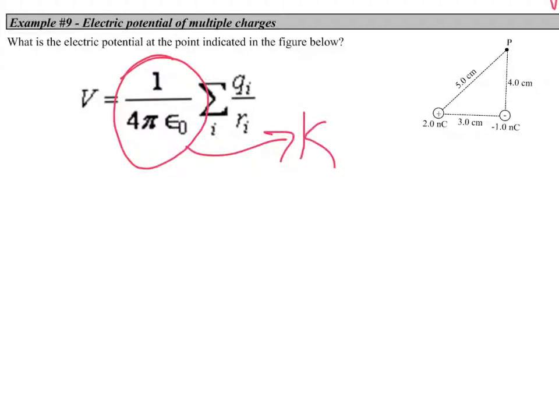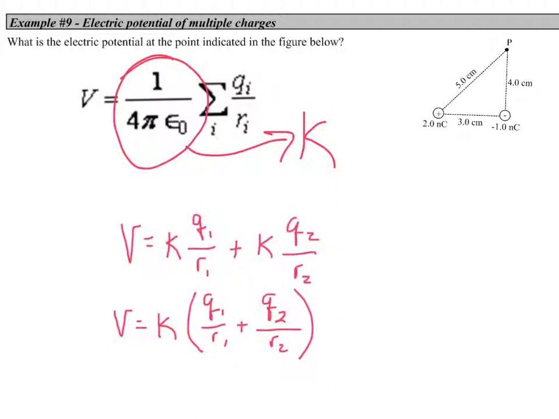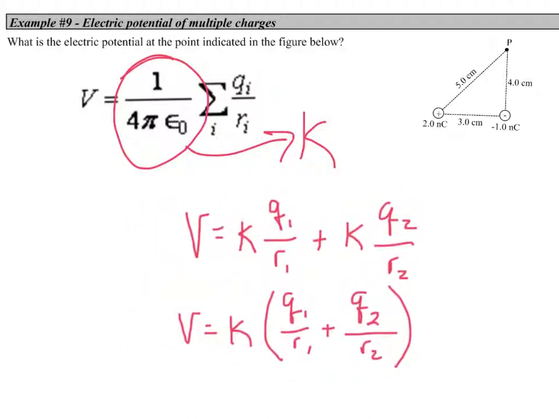So when we go to apply this equation to this situation, we're going to end up looking at something like this, where we've got our electric potential and we've got the kQ over r for each of those charges at that point. And we can factor out the Coulomb's constant and we end up with this right here.